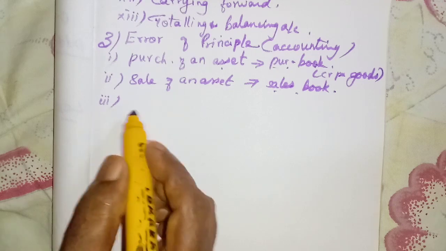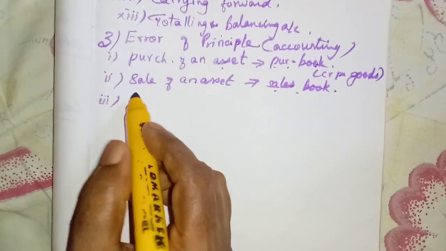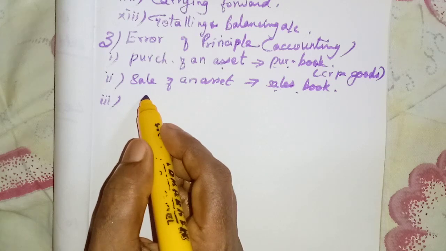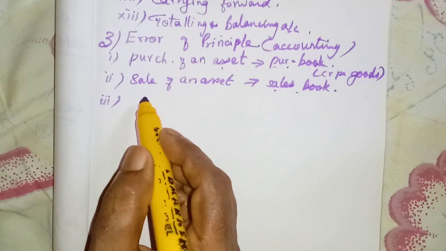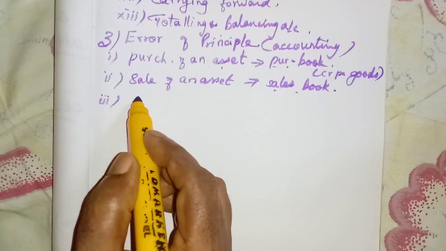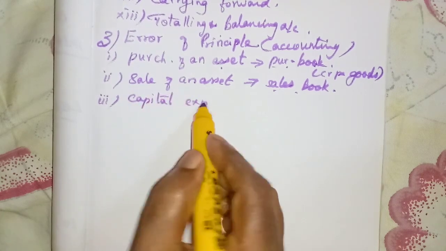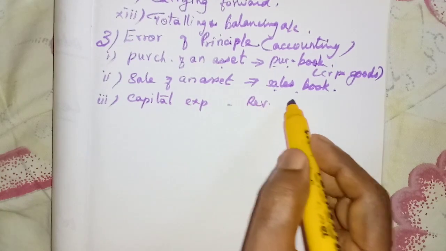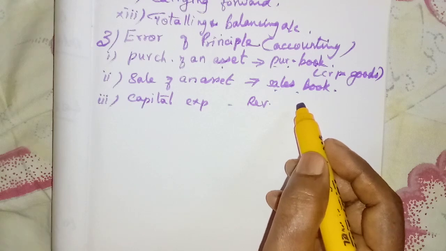Then the third and fourth ones are regarding the capital and revenue nature, which you are going to learn in the 11th lesson. Okay, capital, revenue, expenditure, there you will understand. All the expenditures are divided into capital expenditure and revenue expenditure, capital income and revenue income.